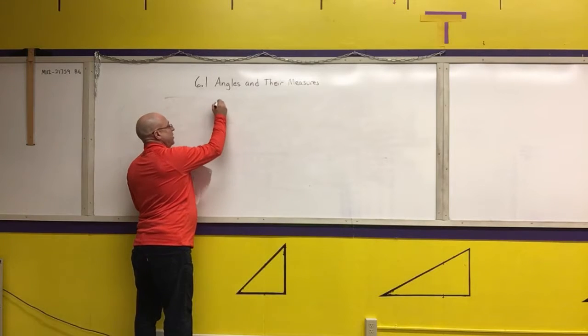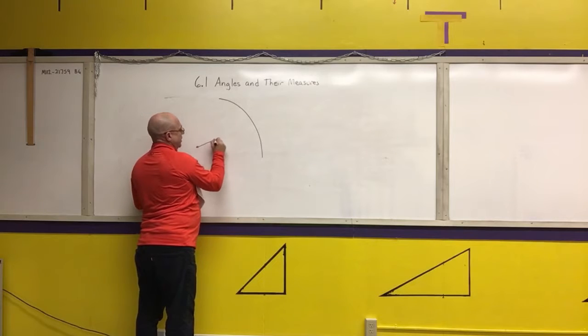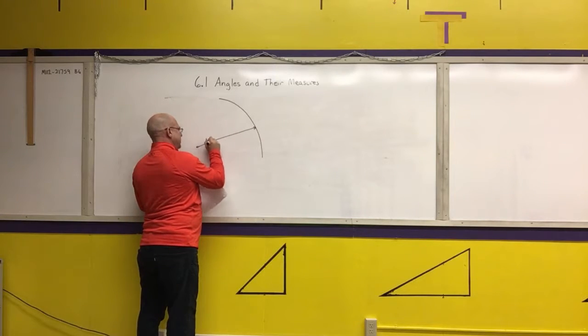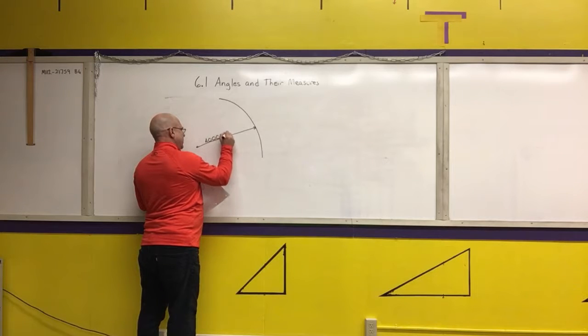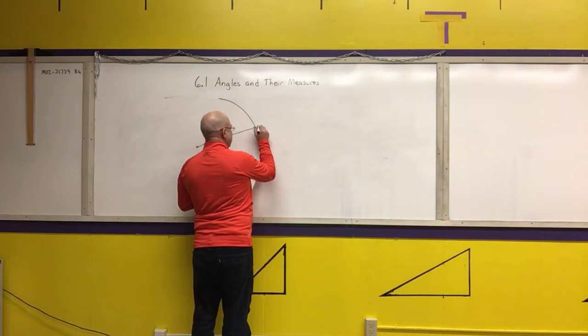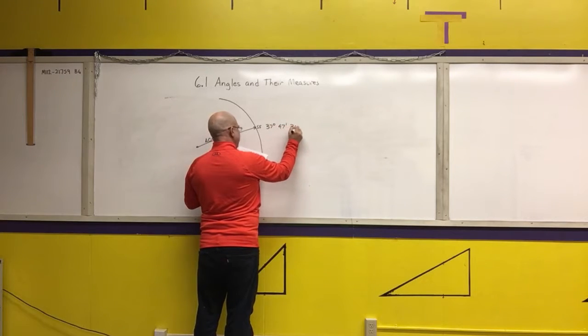So basically what they're telling you is, hey, on the Earth, which has a radius of, they're giving you 4,000 miles, they tell you that San Francisco is located at 37 degrees, 47 minutes, and 36 seconds north.